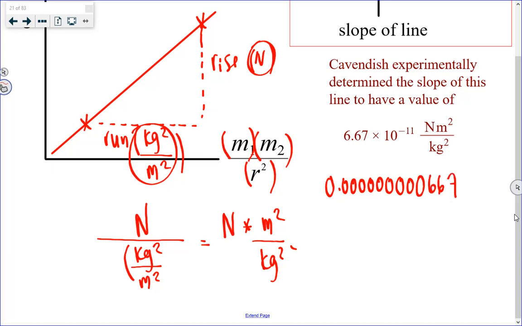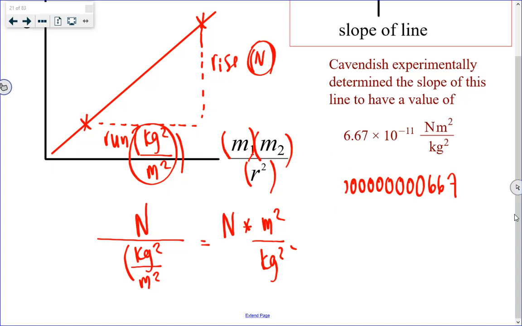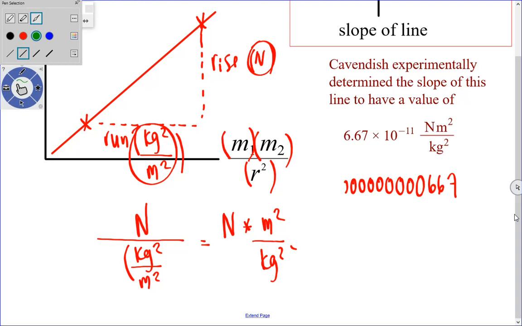So I've taken the decimal place, which was here, and I've moved it 1, 2, 3, 4, 5, 6, 7, 8, 9, 10, 11. I had the number of decimals wrong. I guess I need one more. There we go. So it's a very, very tiny number.